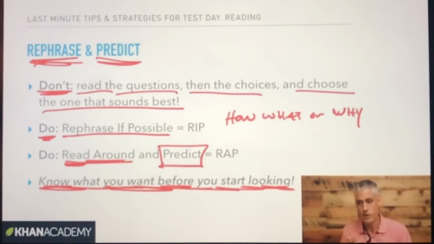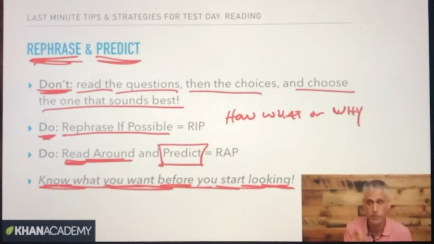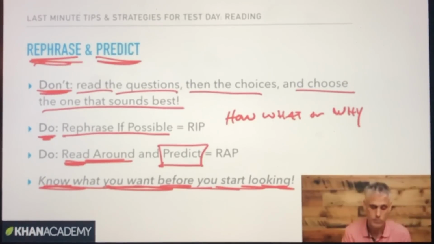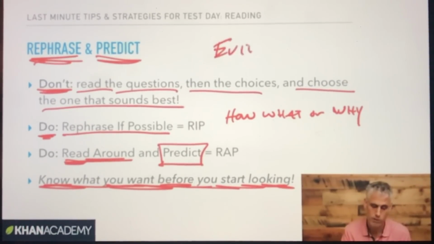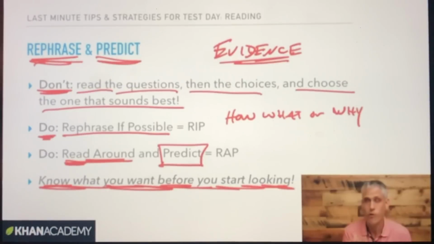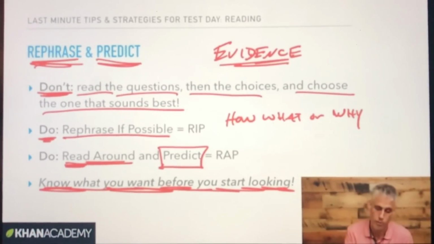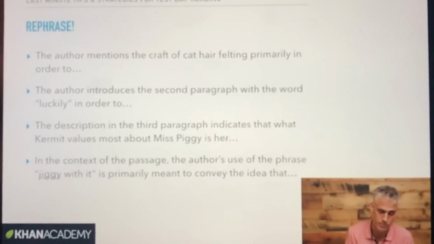You'll save more time if you get your own answer, you trust yourself, and then cross out the ones that don't match your answer, because your answer is going to be based on evidence that you will find in the passage. Every question has only one right answer, and that one right answer is backed up by evidence. The others are wrong for whatever reason, but the right answer has evidence.